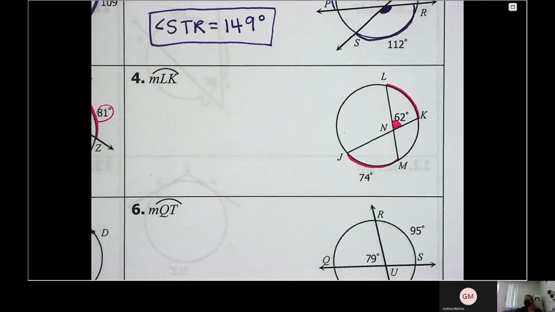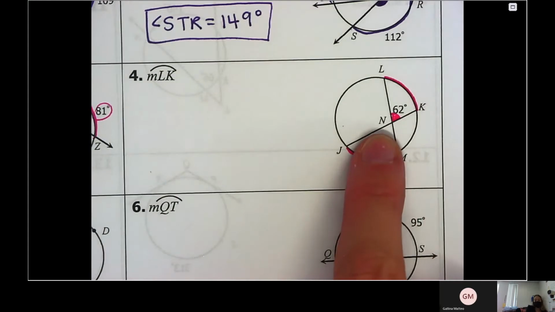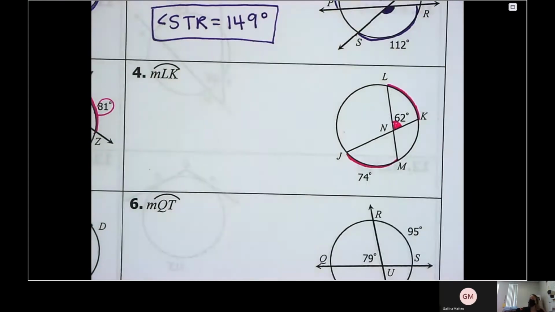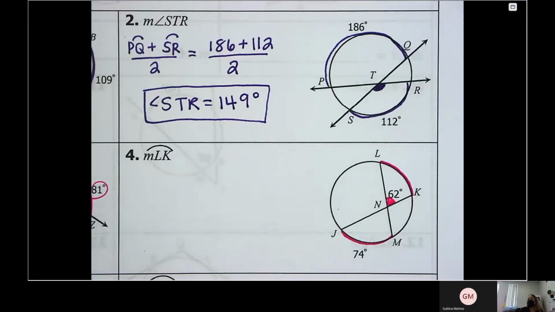It would not. Nope, they're not. The arcs are not the same. The angles are the same. Well, so both angles would be 62, but that doesn't tell me what the arc is over here. So what did we do before? We divided what by 2?